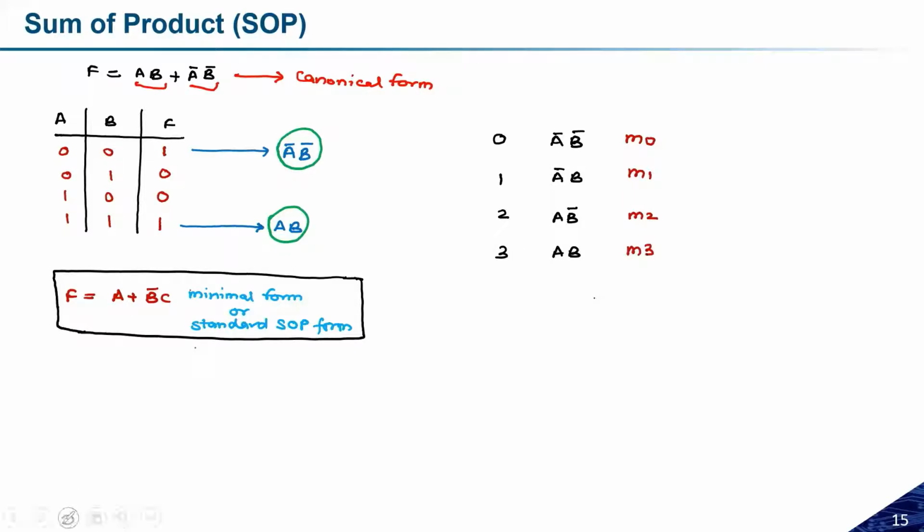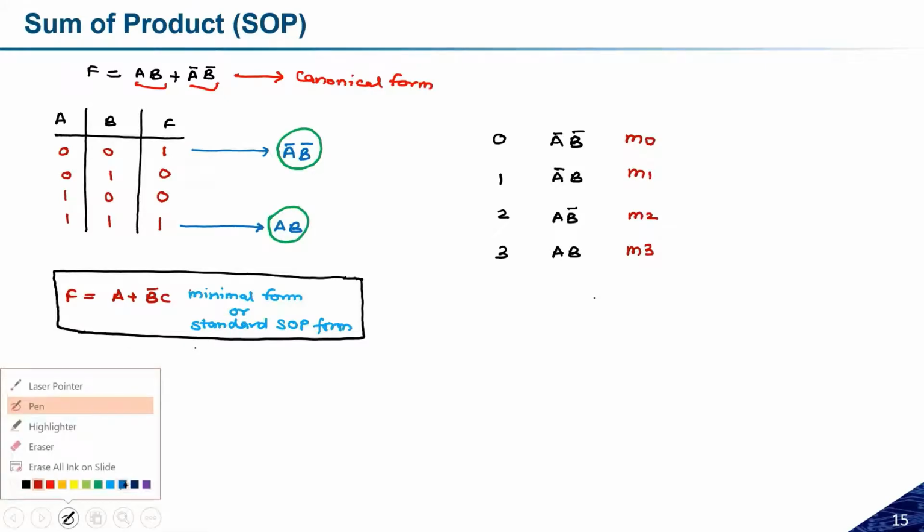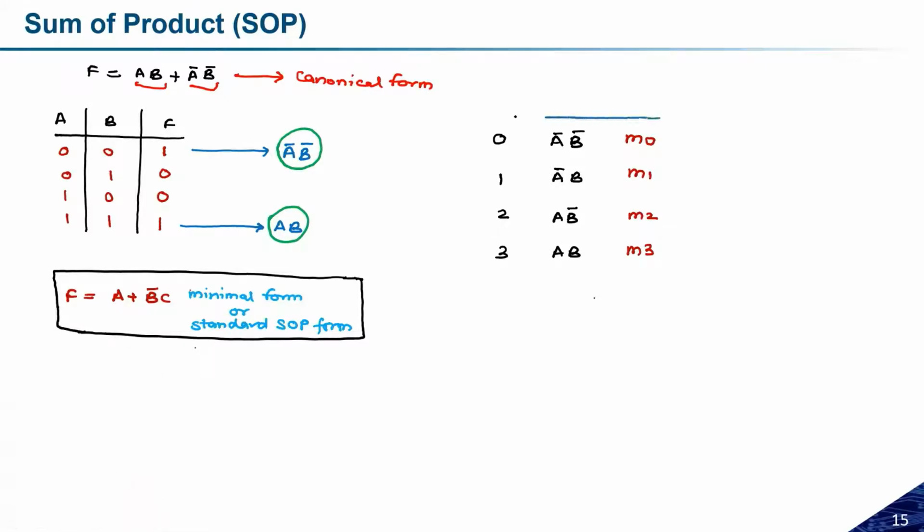So it is important to understand the concept of min term, and which of the min terms I have to consider. Okay, so this is important: the decimal equivalent, the expression, and the min term. Now, how to represent any function in terms of min terms?